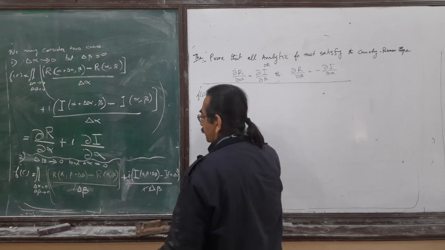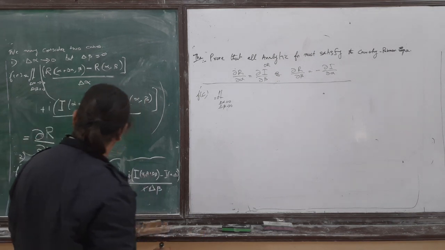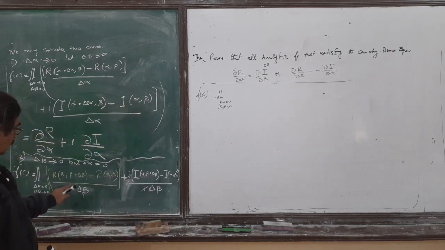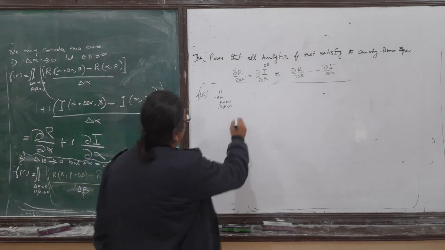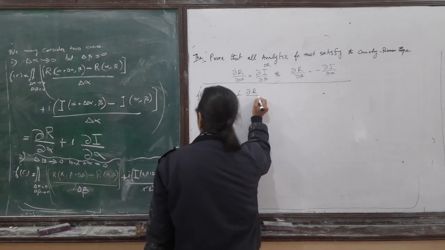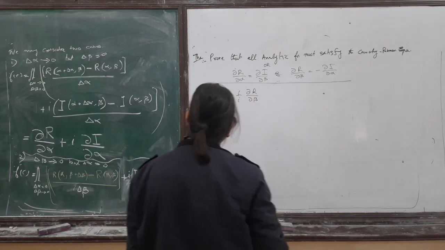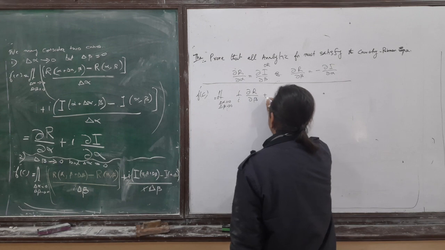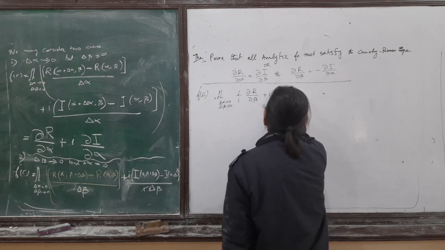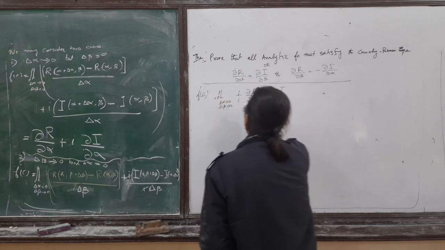In this case, what is this? This will be 1 over iota partial R over partial beta plus iota partial I over partial beta. Yes, iota. Okay.